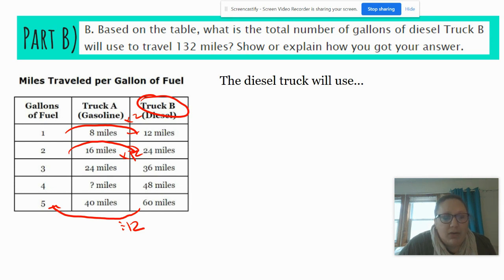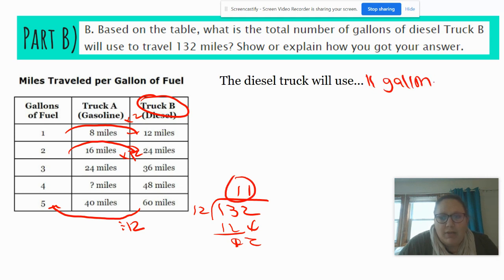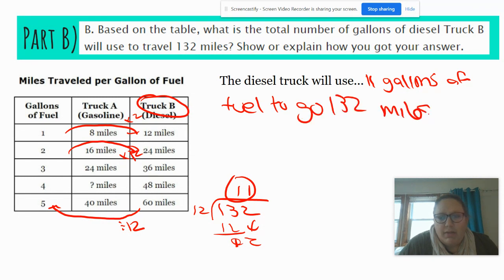So you multiply by 12 to go from the gallons to the miles, and to work backwards, you would divide. So 132 divided by 12 would be 11. So the diesel truck will use 11 gallons of fuel to go 132 miles.